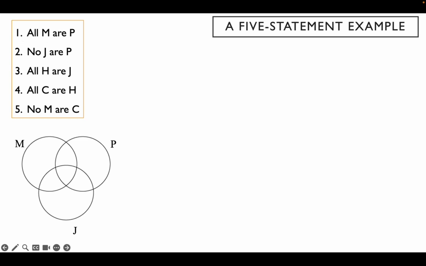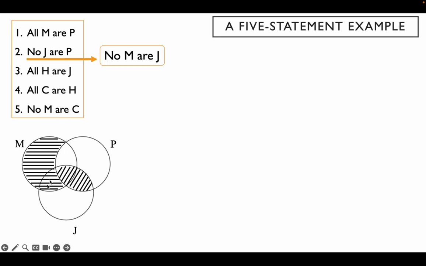All M are P and no J are P. What conclusion can we derive from these 2 premises? Well, clearly the conclusion is that no M are J or no J are M. See, no M are J.